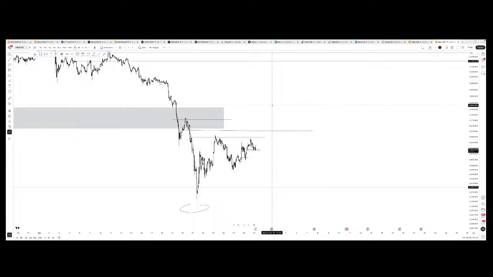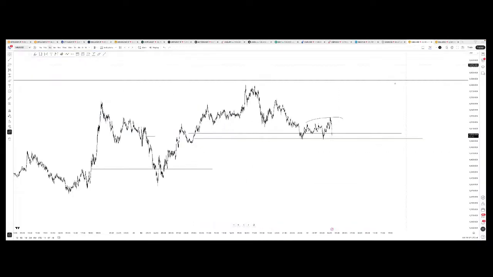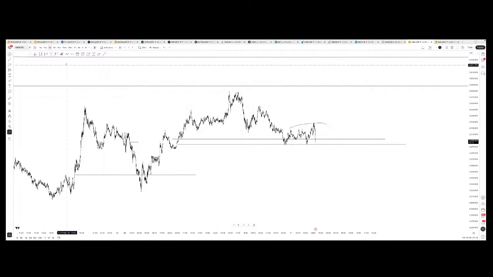For today I might go for a long, but not right now. I need to see a proper setup formed. By the way, we are not here to predict, we are here to react in the market, right? So here's what I need to see for a long. I'm going to go to a lower time frame.